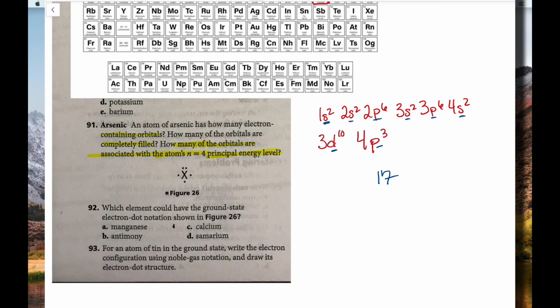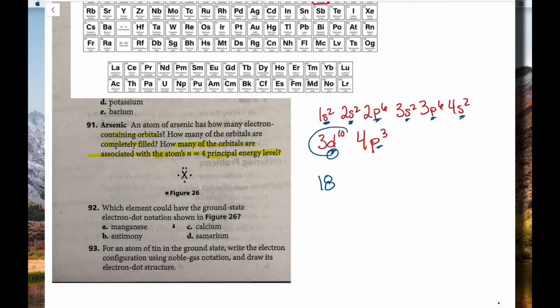Okay, 17. So let me make sure that's right. So we have 1, 2, 5, 6, 9, 10. Oh, that's 15, 18, actually 18. All right, so I'm glad I double checked. That's 18. So 18 electron-containing orbitals, right?